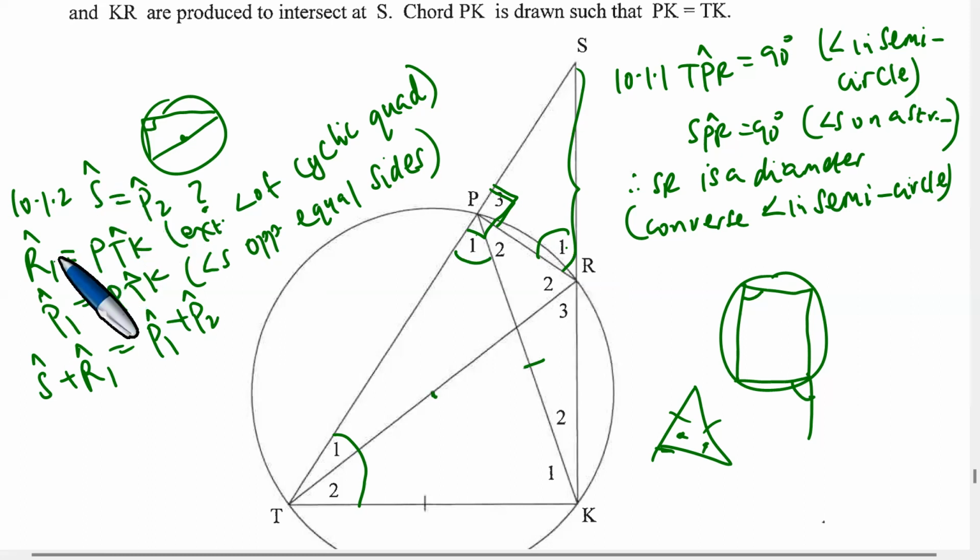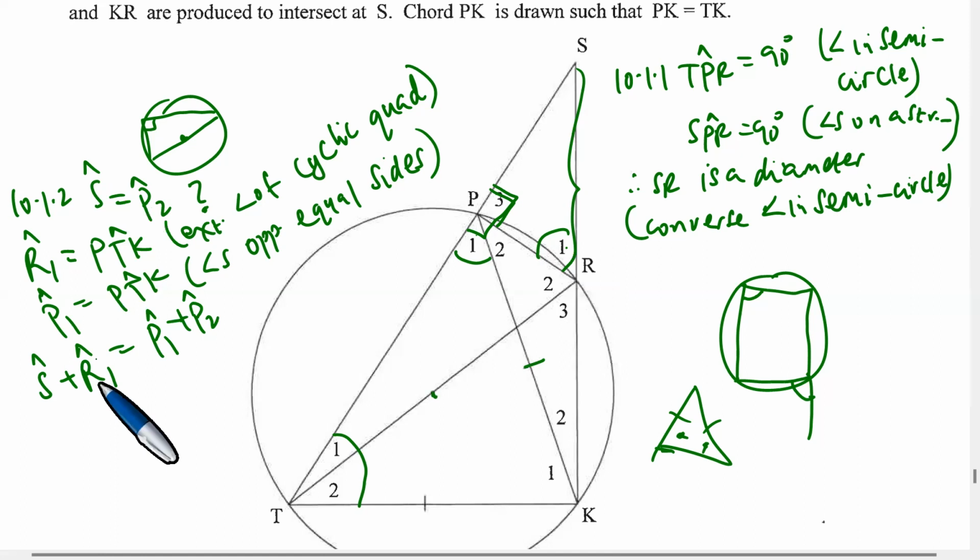You can add S plus R1, which is equal to P1 plus P2, because this P1 is PTK. But R1 is also PTK.